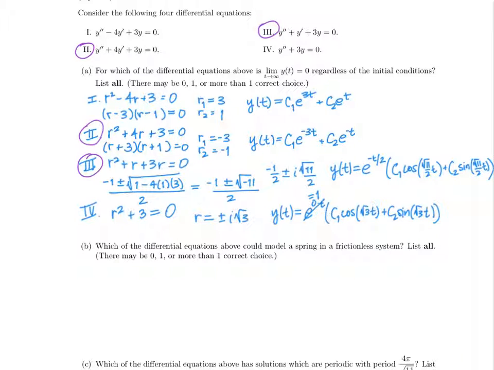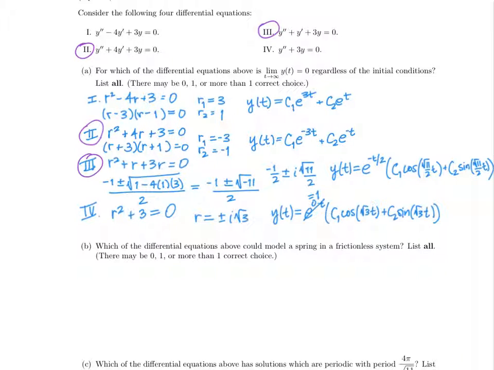Now that constant on y has to be positive because that's the spring constant. That's that feeling that you get when you pull out a spring and it's pulling away from you, and you push in a spring and it's pushing against you. That's what that is. But that coefficient on y prime, that's what indicates friction. So if we're going to be in a frictionless system, the coefficient on y prime has to be 0. Friction cannot come into play.